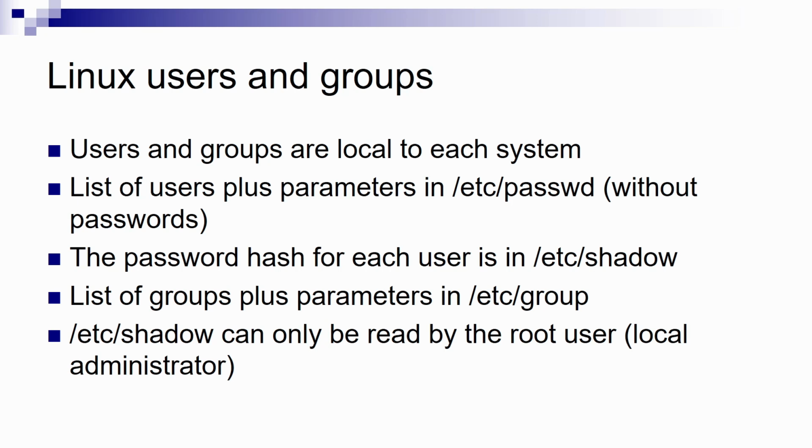And if you want to also see a list of groups on a specific system, you can check out the group file. Regarding the shadow file, the reason why the password hash is separate from the other info about the users is because the shadow file can only be read by the root user, which is basically the equivalent of the Windows local administrator.